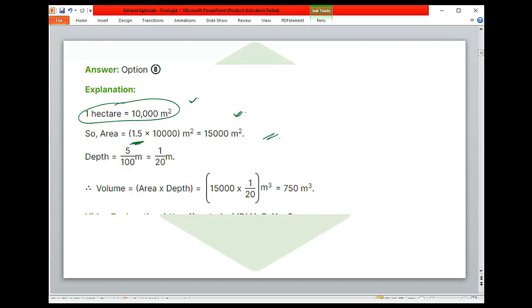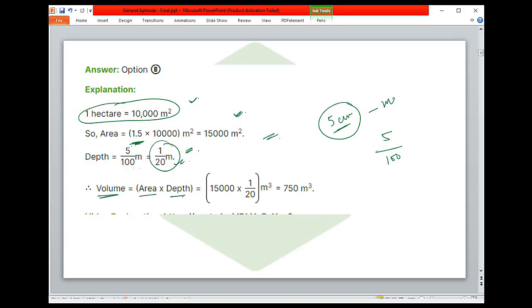Right, for finding out the depth, it is telling you 5 centimeter. I'll convert it into meters again. 5 upon 100 meters. Because 1 meter is equal to 100 centimeter, for converting 5 centimeter into meter, I have to divide it. So 5 upon 100, 1 upon 20.